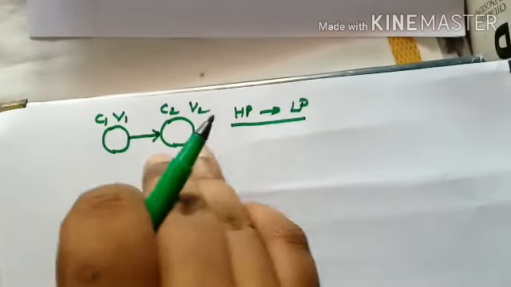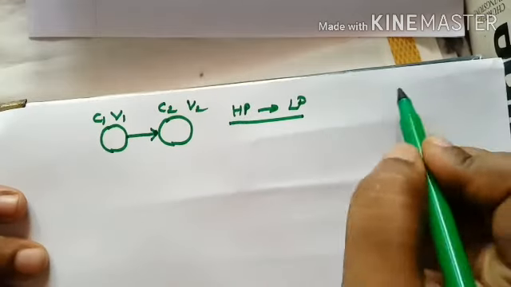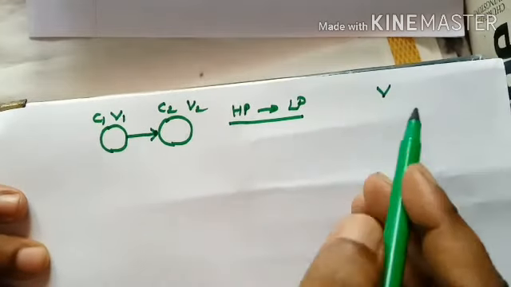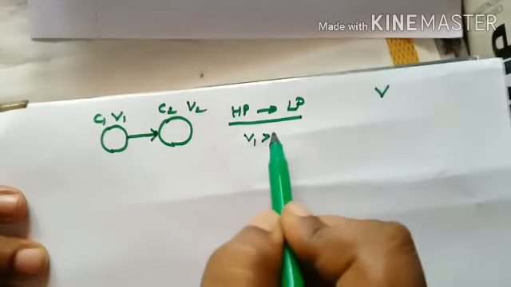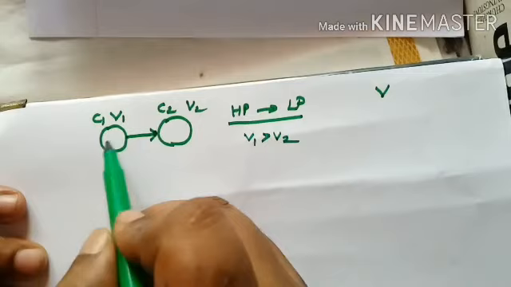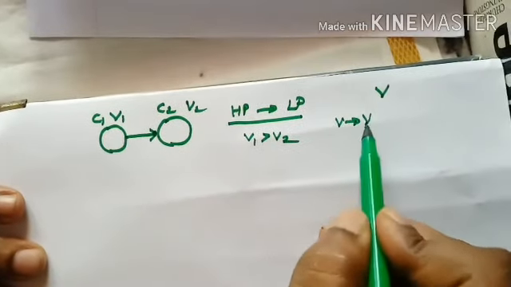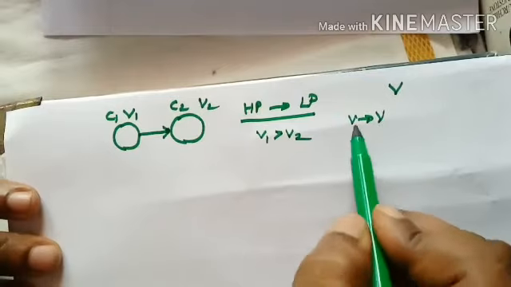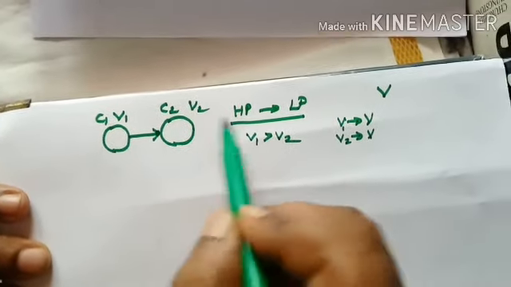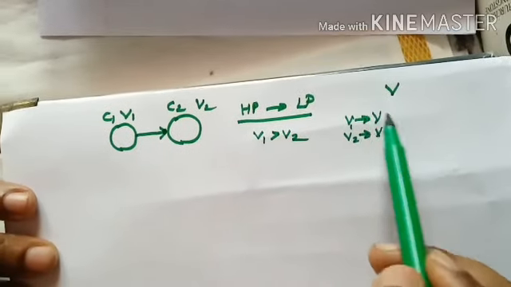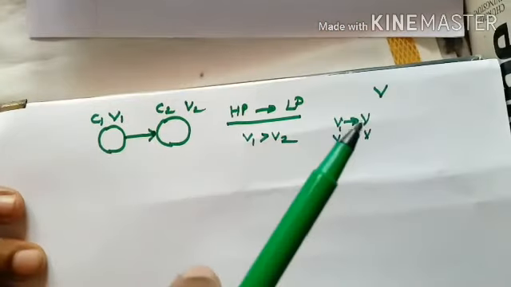Till both potentials become equal. Suppose that common potential is V, and V1 is very large compared to V2. So the charge flows from V1 to V2 until V1 reaches the common potential V. Similarly, V2 reaches the common potential V. Once both of them reach the common potential V, no further flow of charges occurs.